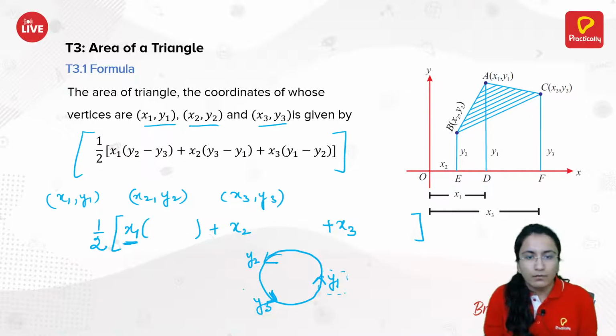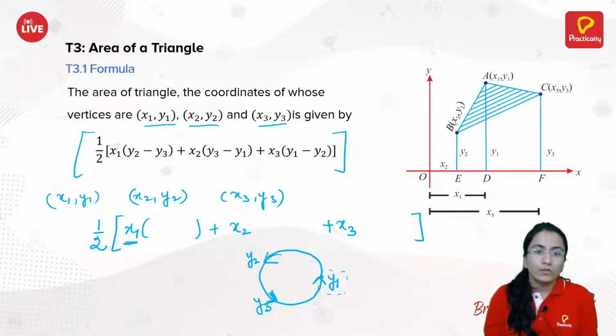You can even write y2 minus y3 or y3 minus y2, but you need to go in the direction of arrows. The arrow is from y2 to y3. You will reach y2 first and then you will come to y3. That means you will write y2 first, then you will write y3.